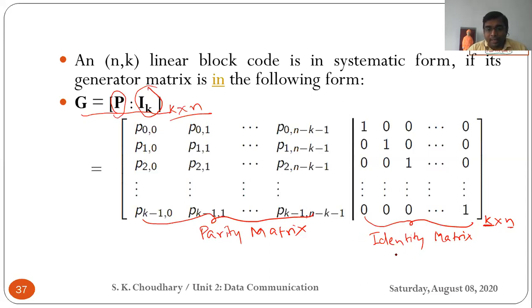The identity matrix always has the order k by k. The number of rows and columns is always k by k, meaning the number of bits present in the message. You know what the identity matrix is: the value of the identity matrix is always 1.